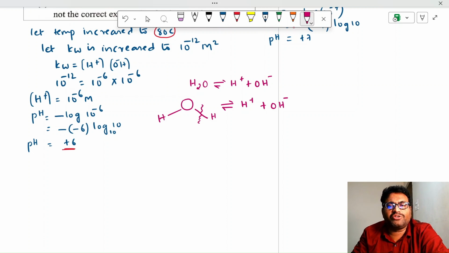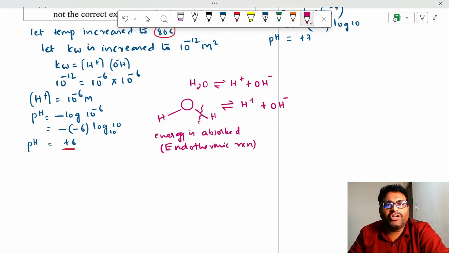If this bond has to be broken, some energy is absorbed. If energy is absorbed, what will be the nature of the reaction? It is an endothermic reaction.